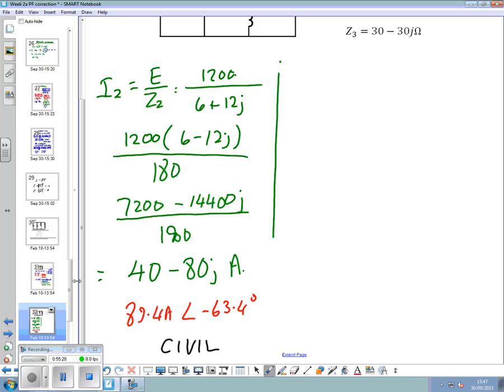Over this side, we then move on and say S2 is equal to E times I2.